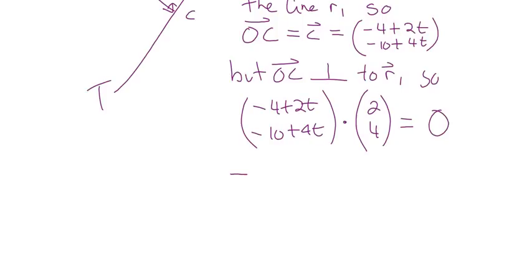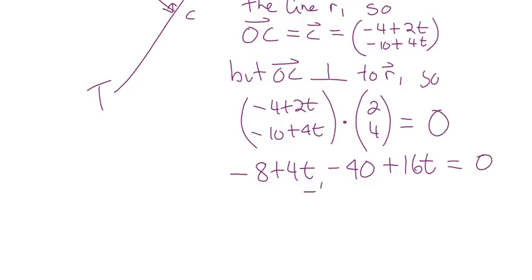So -8 plus 4t, minus 40 plus 16t. What's the dot product, right? It's u1 dot v1 plus u2 dot v2. So it's this times this plus this times this. So it's minus 40 plus 16t is equal to 0.